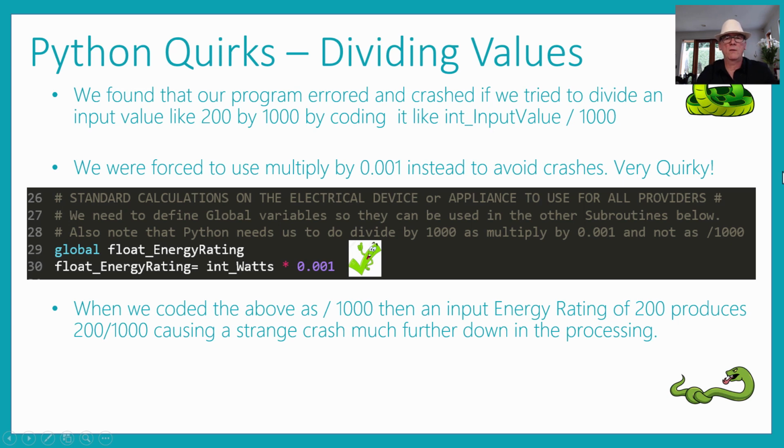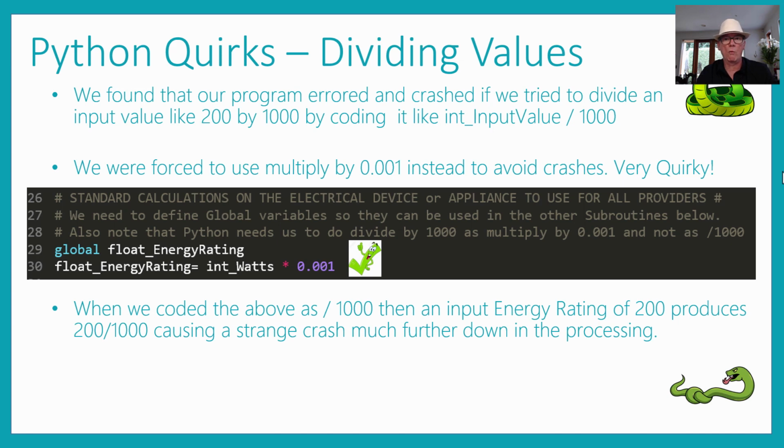So some other quirks we found were with dividing values, and this might just be a Python room problem, but we wanted to do this dividing by 1,000 because we wanted to convert watts into kilowatts for this program we were doing. So to do that, you need to divide by 1,000. Now, divide by 1,000 did not work out for us at all, and instead we had to times by 0.001.